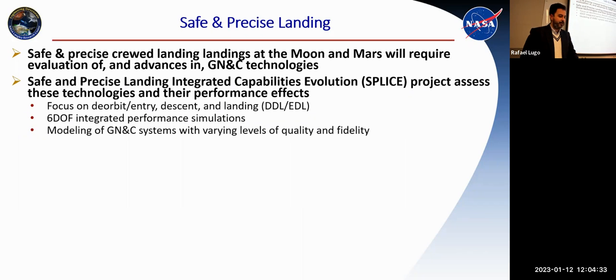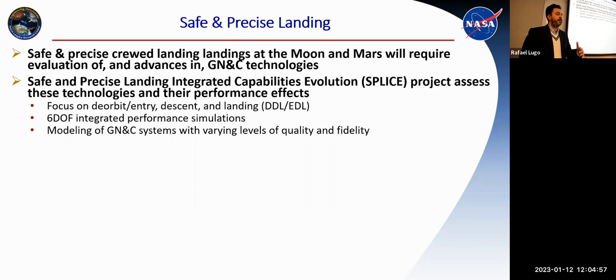Again, that's guidance, navigation, and control. There's a particular project, SPLICE, that was tasked to assess these technologies and their performance effects. We looked primarily at deorbit and entry, descent, and landing, that's DEL or EDL. We focused primarily on 6-DOF integrated performance simulations and modeling these GNC systems with varying levels of quality and fidelity.